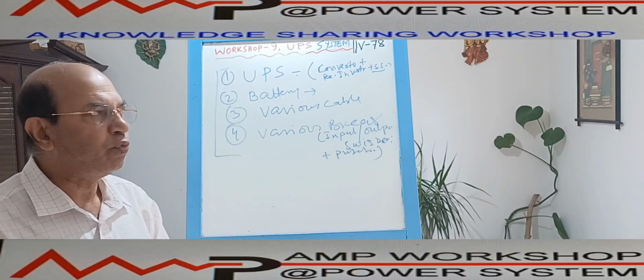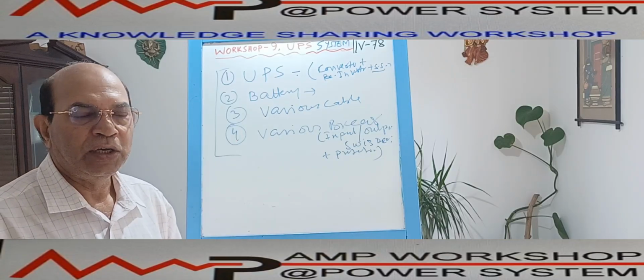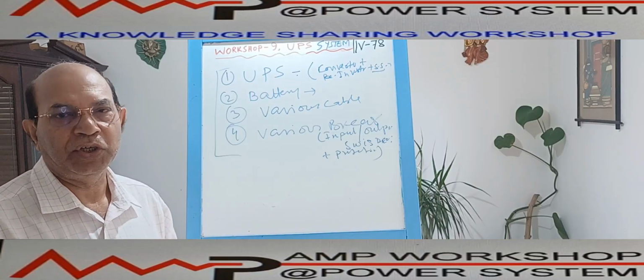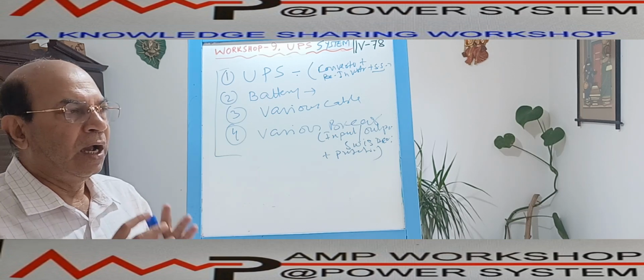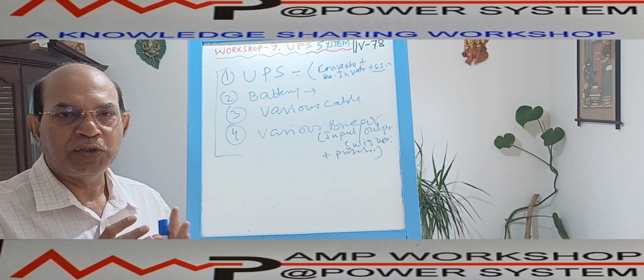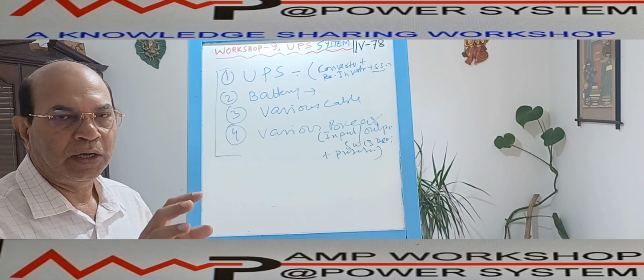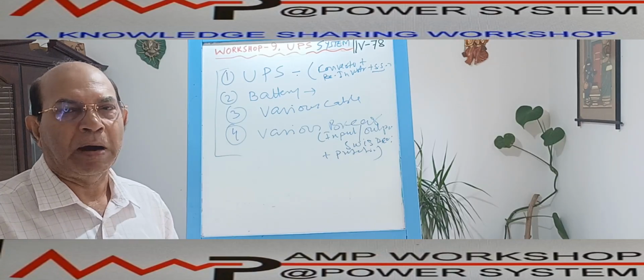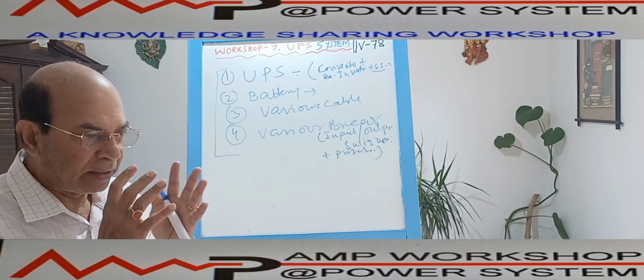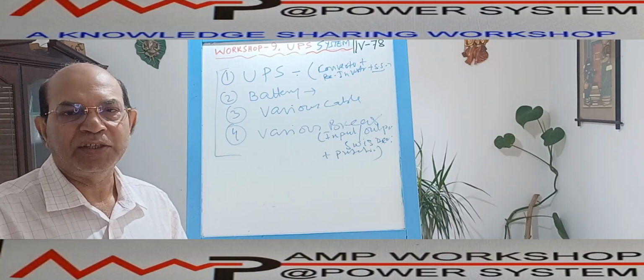When you go to the UPS itself sizing, the UPS may be considered as a generating system because it is giving an uninterrupted, noise-free power supply to the loads. When some equipment supplies power to the load, we normally call that supplying equipment a generator.